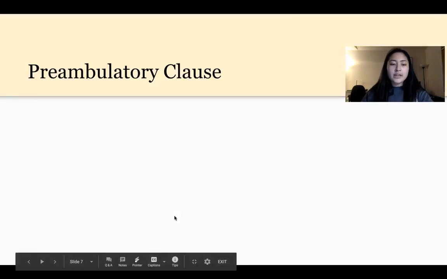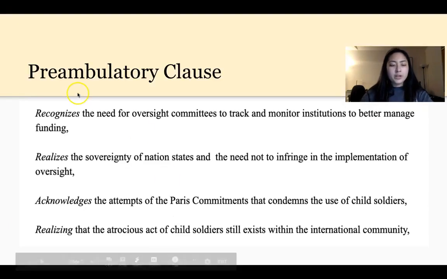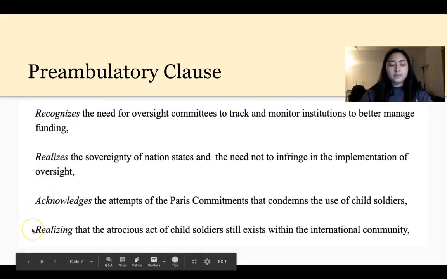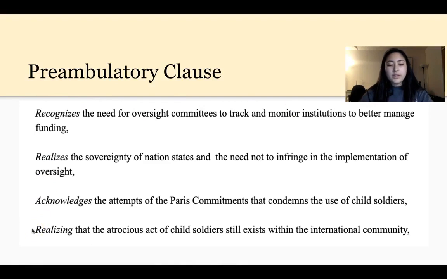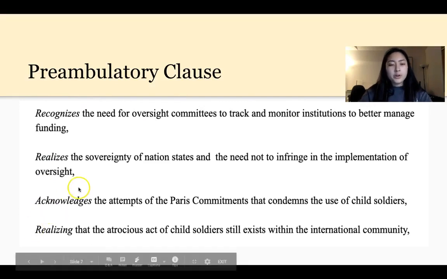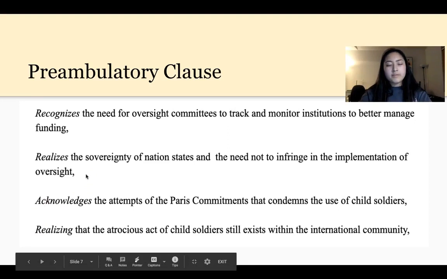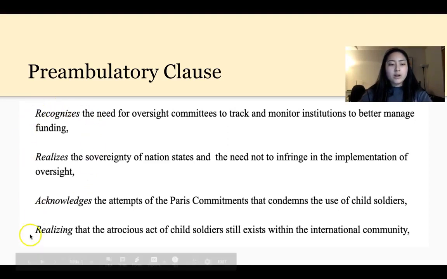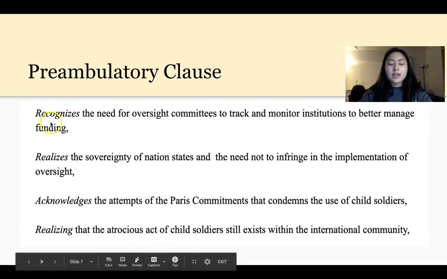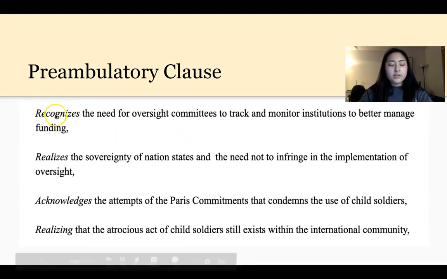So next, here I have an example of preambulatory clauses. These are examples that were taken from the example that I showed you earlier of my working group's resolution that we wrote. Like I said earlier, preambulatory clauses are just introductions and your remarks to issues being addressed.